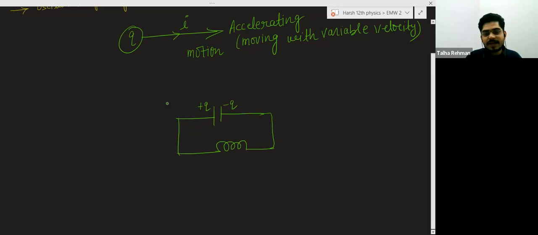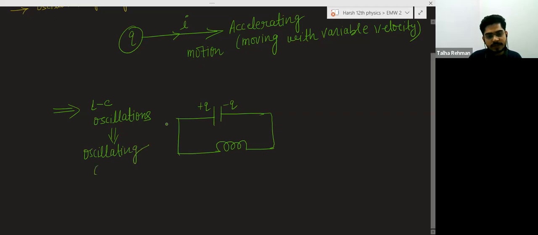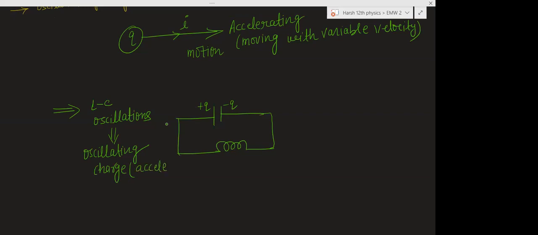Basically this is LC oscillation, and LC oscillation is removed from your syllabus, so you can just write it like this. Due to LC oscillation, we get oscillating charge, and if something is oscillating, it is accelerating.